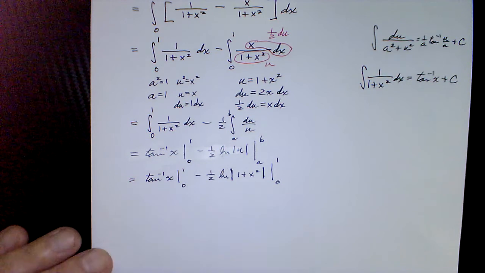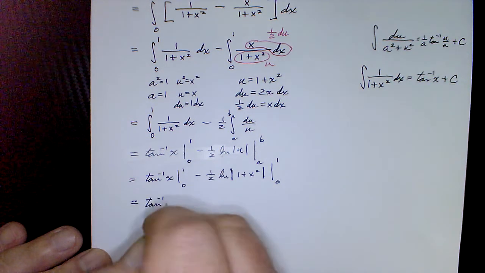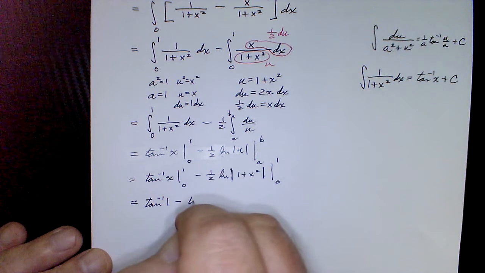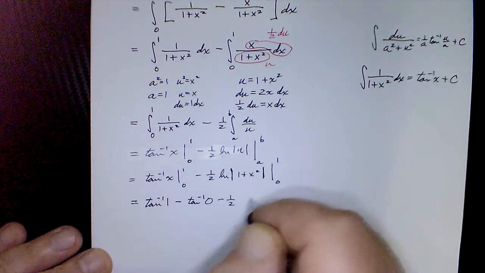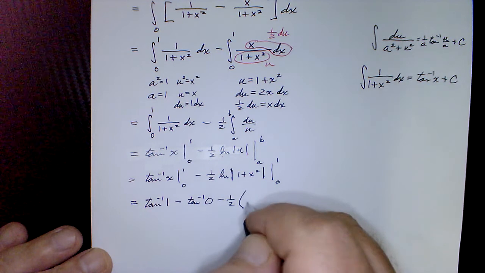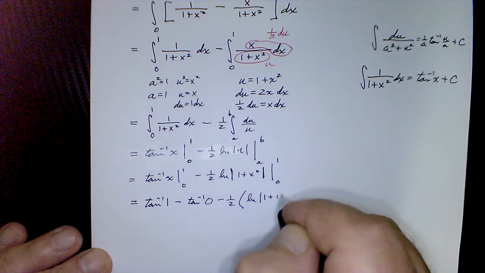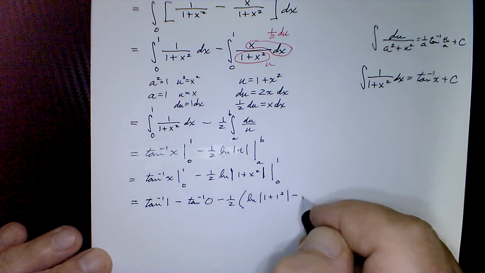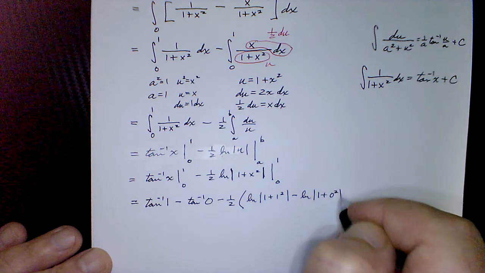Okay, so then at that point, inverse tangent of 1 minus inverse tangent of 0, and then minus 1/2. Use brackets, parentheses here, natural log upper 1 plus 1 squared minus lower natural log 1 plus 0 squared.